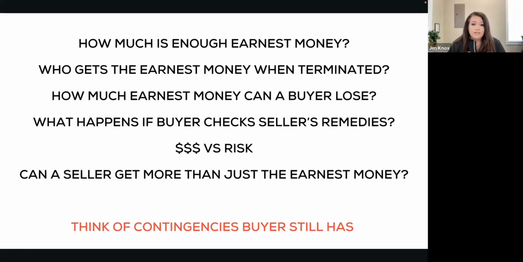It should be dependent on the contingencies that you have, maybe the closing date. How much risk is that seller taking to accept this offer, risk versus reward? If the property is only off the market for a week, is it worth $5,000?